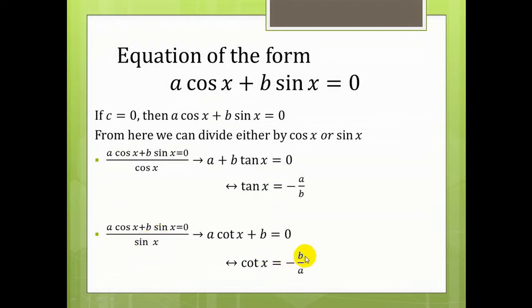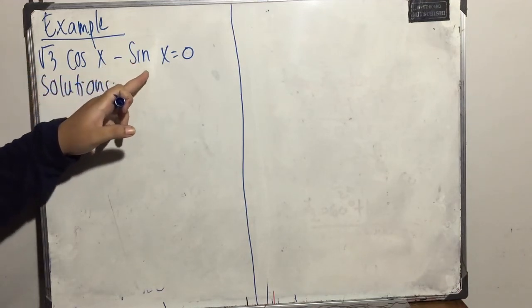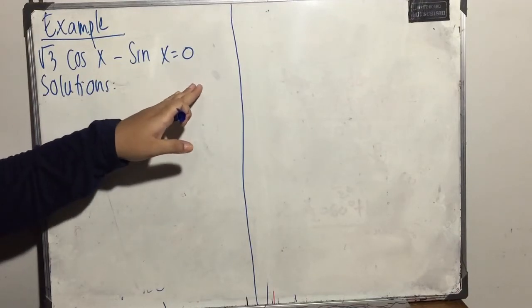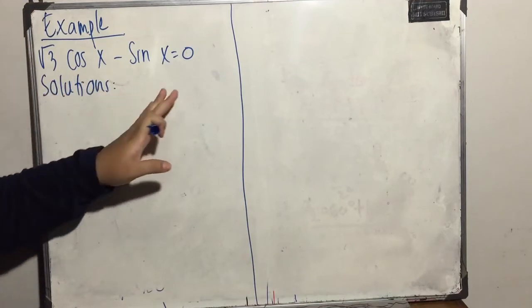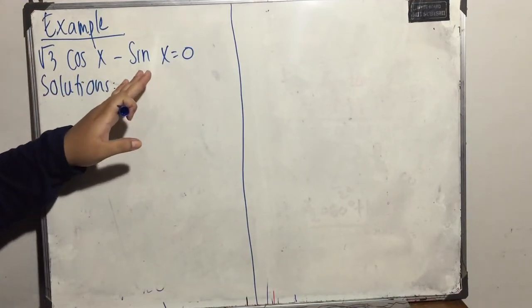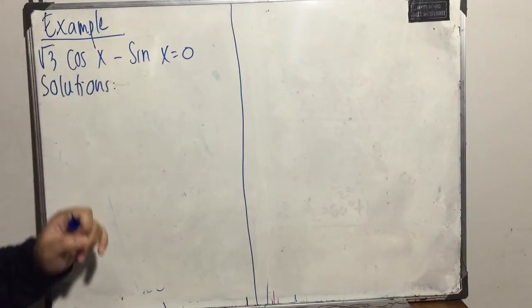So now let me give you an example. Okay, now we have the question: square root of 3 cosine x minus sine x equals 0. So this is a different question from the previous one. It makes it easier for us to solve by dividing by either cosine x or sine x.